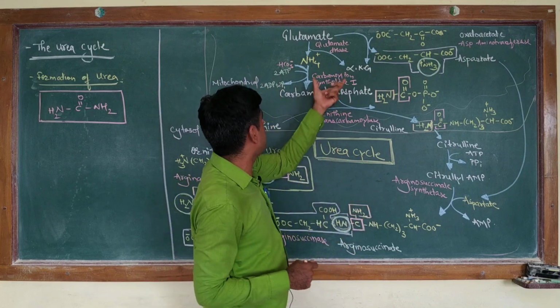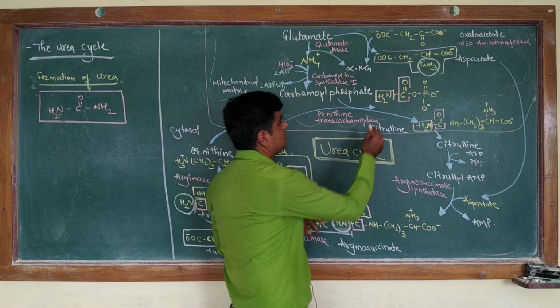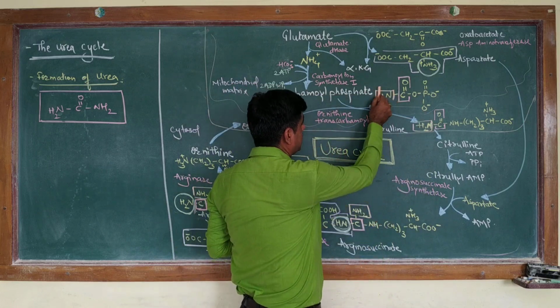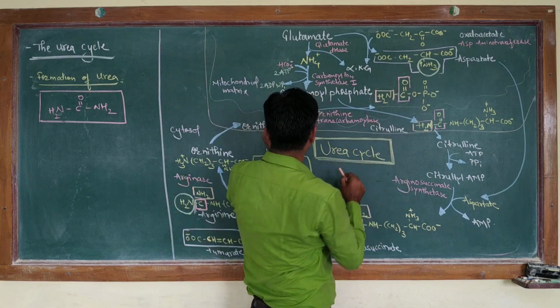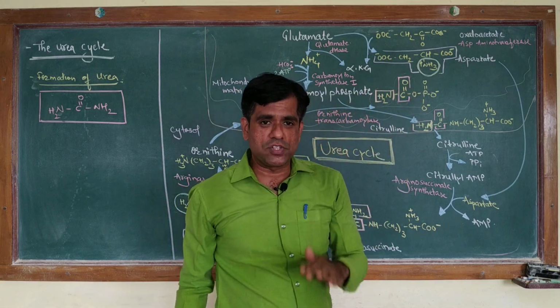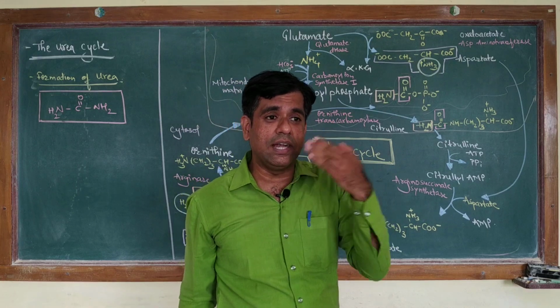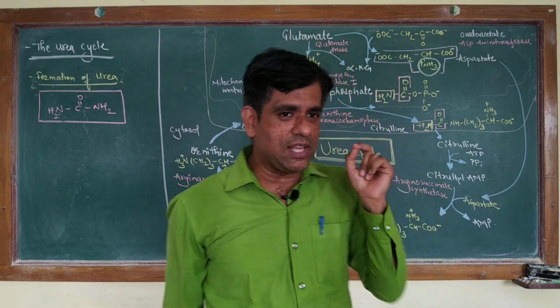This carbamoyl phosphate synthetase 1 catalyzes the formation of carbamoyl phosphate, where you have combined one waste product, the amino group, with carbon dioxide. This is the first intermediate which now enters the 4 step cyclical reaction of the urea cycle.